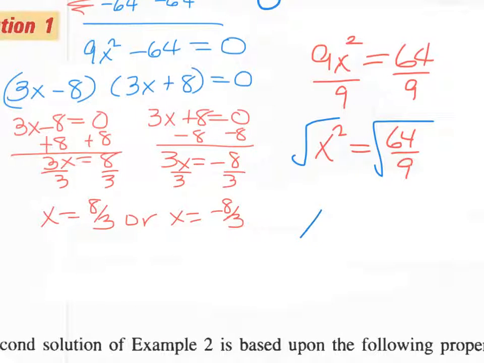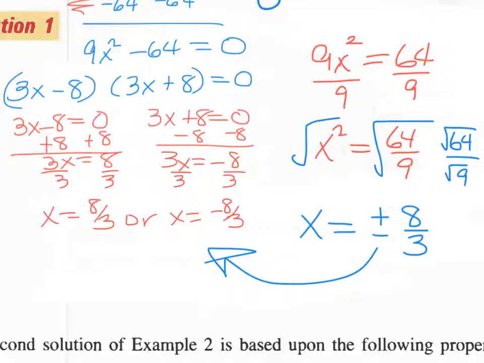So this ends up giving me x equals, and then I could solve them individually. Do the square root of 64, square root of 9. Now, when you do it this method and you're solving for a variable, you need to include both the positive and the negative answer. So that's how it would give me the same answer as if I factored it.